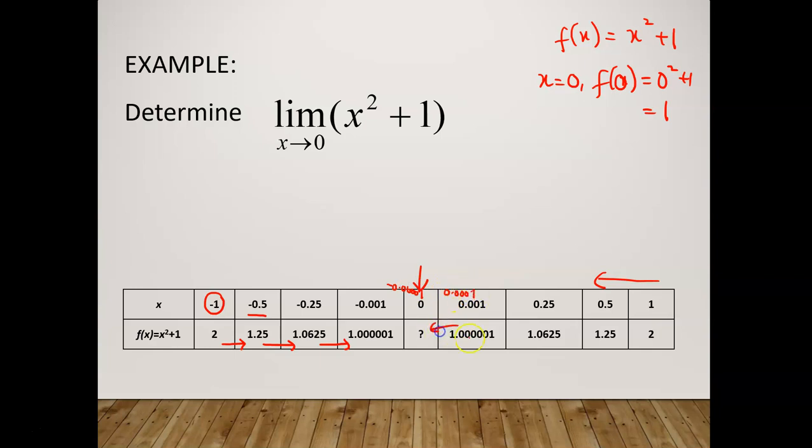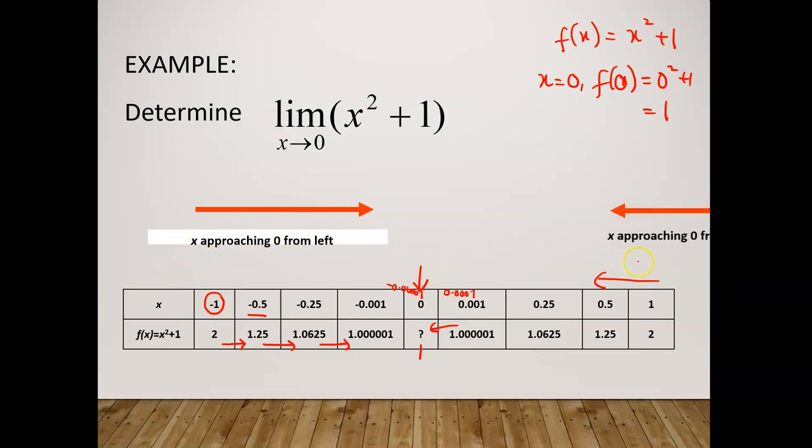It might decrease to less than 1.00001, meaning to say it is approaching 1. It is approaching the value of 1. So this is what I was explaining just now: x is approaching from the left and x is approaching from the right.